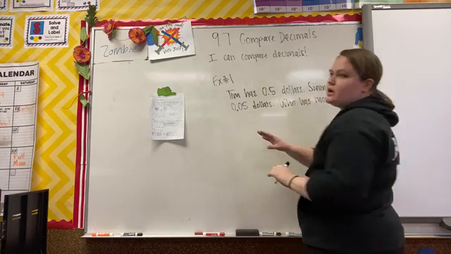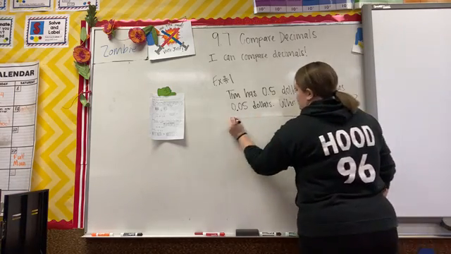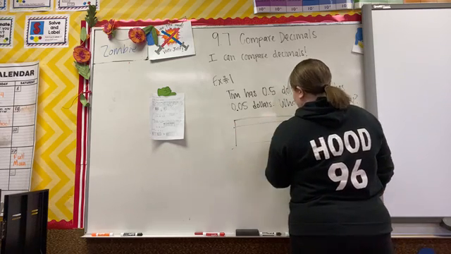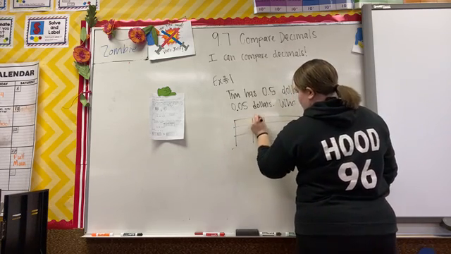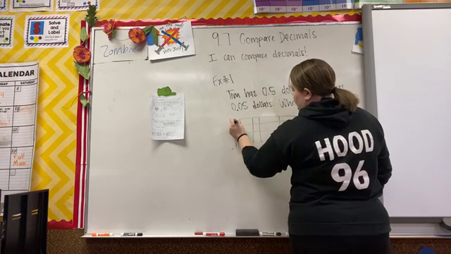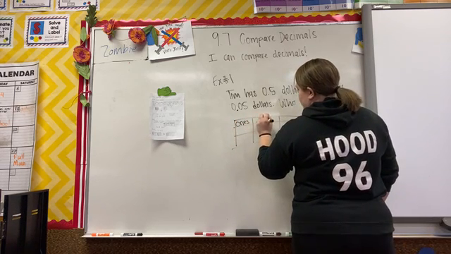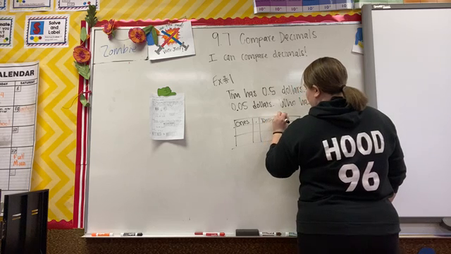Okay, so I'm going to make a place value grid. So I put my ones here, my decimal, tenths, hundredths.